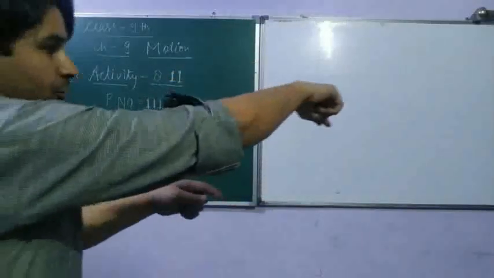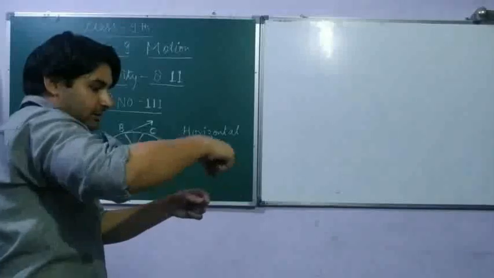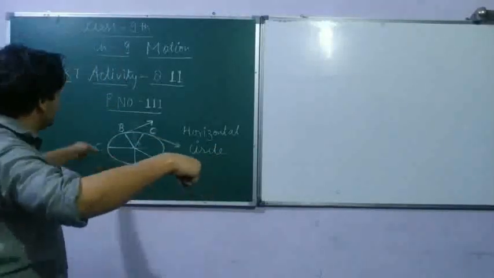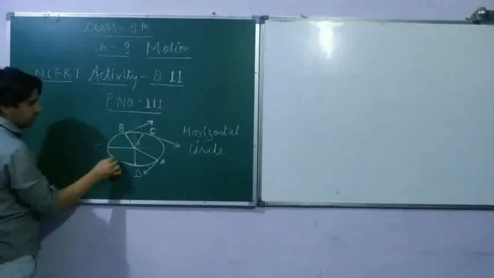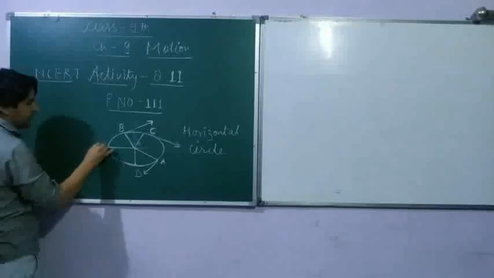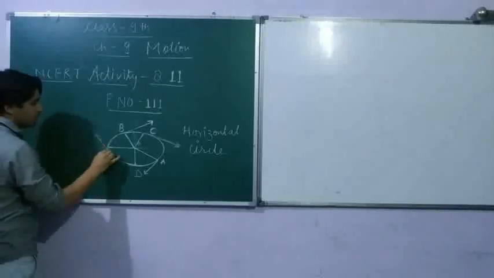Now you have seen that it was released at some point here and it went like this. This was the position, and it went like this and hit the board.